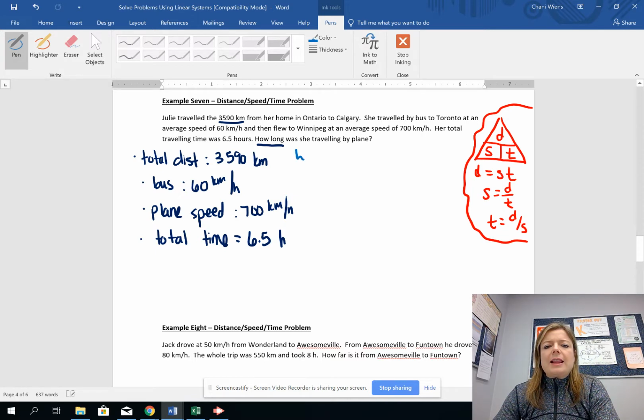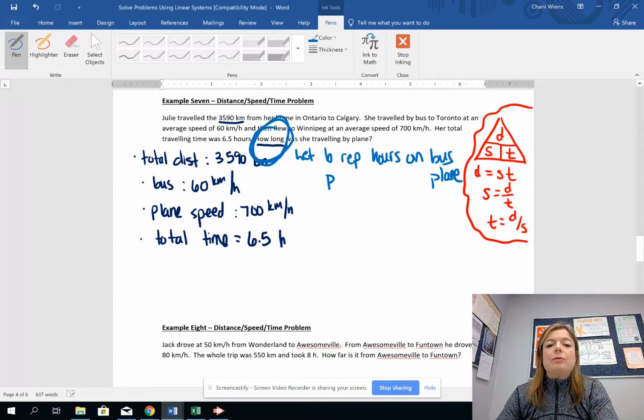So we should say, let B represent hours on bus, and let P represent the hours on the plane. And again, I'm choosing hours and time because the question is how long.